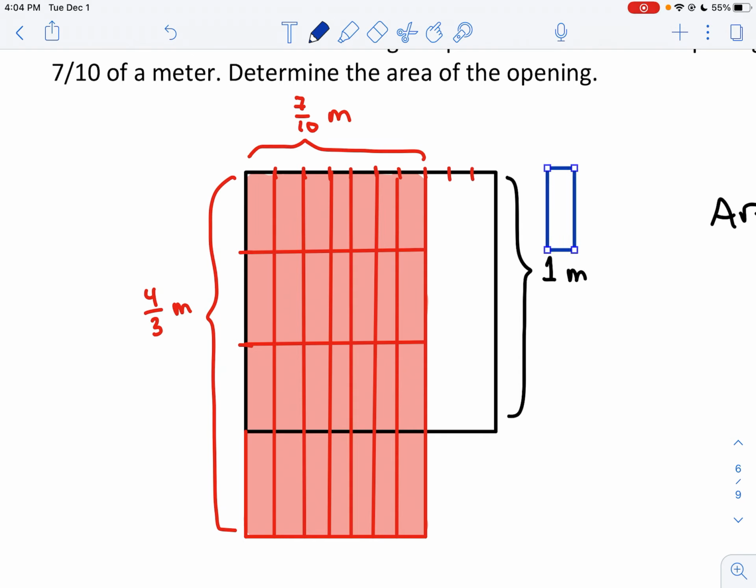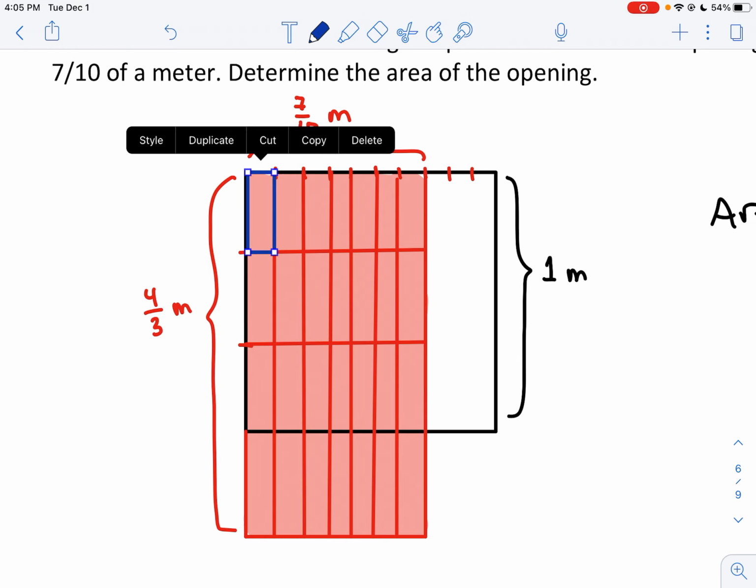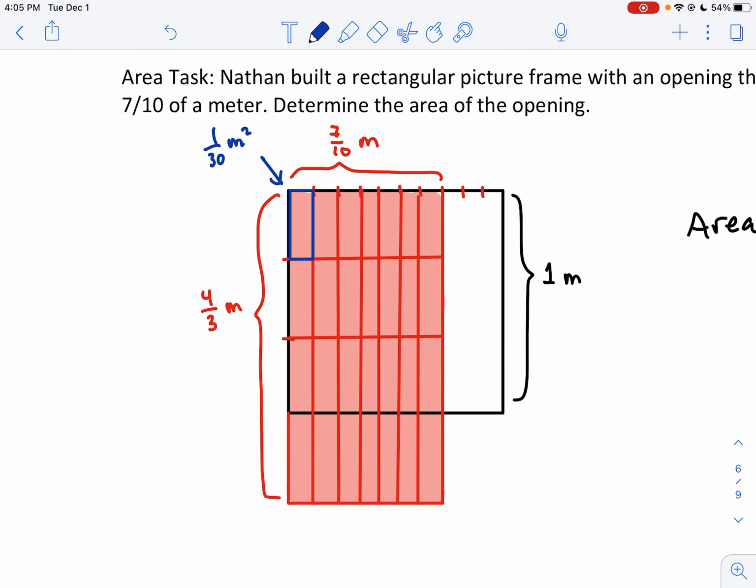So there's that portion right there. We have 1, 2, it's not quite the right length, but you get the idea. You have 1, 2, 3, 4, 5, 6, 7, 8, 9, 10 across, but then you have 3 rows. So we have 30 of these that would fill up this entire square meter. So one of them, that one right there, in blue, is 1/30th of a square meter.